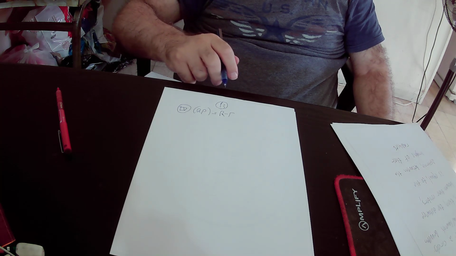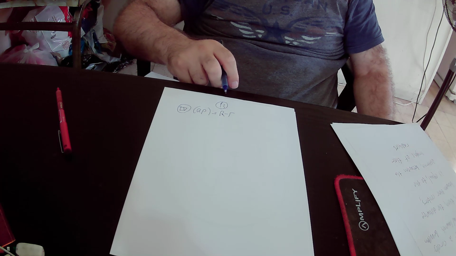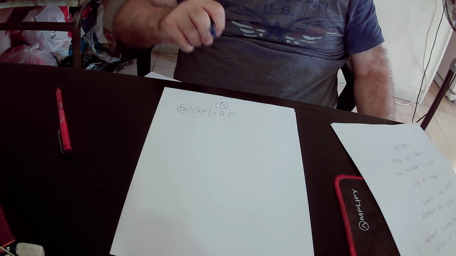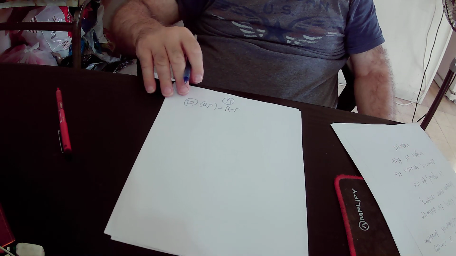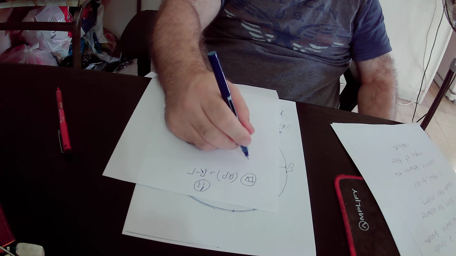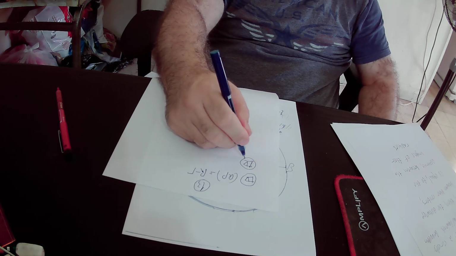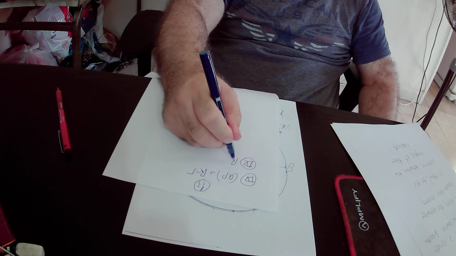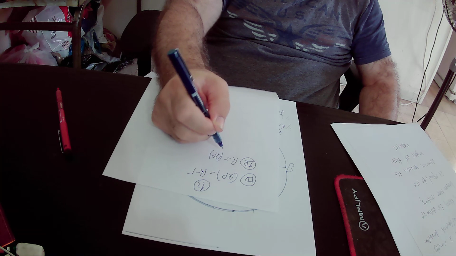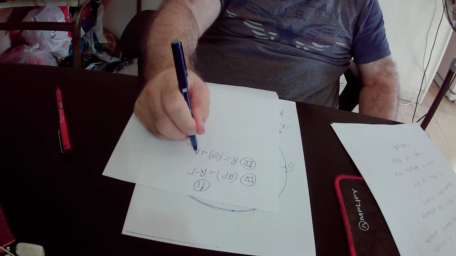Here we can add r to both sides of the equation, and we will get that capital R equals QP plus small r.